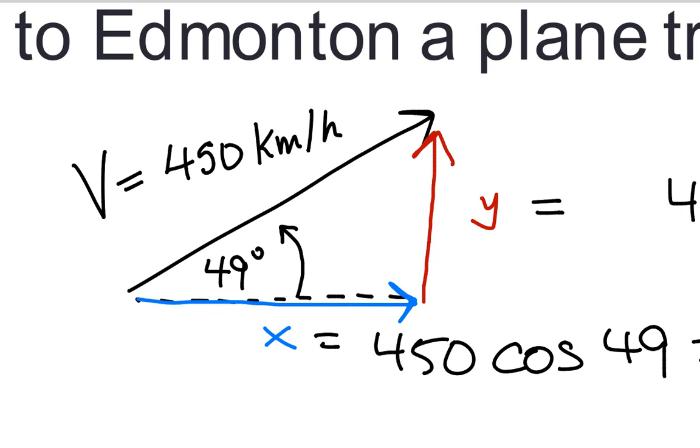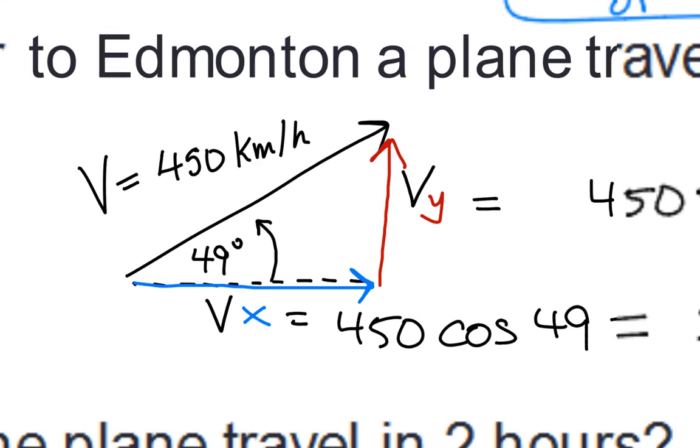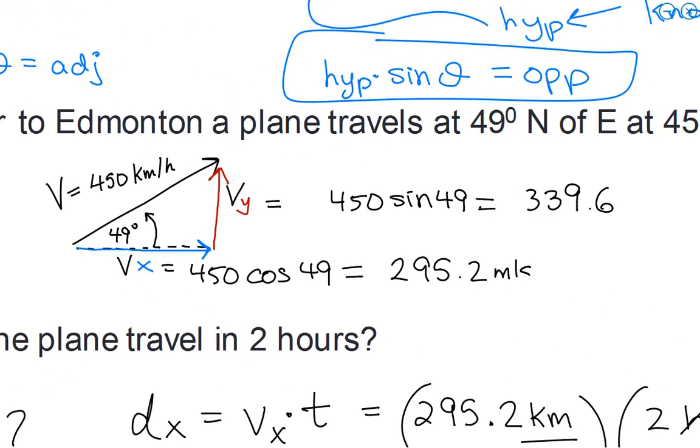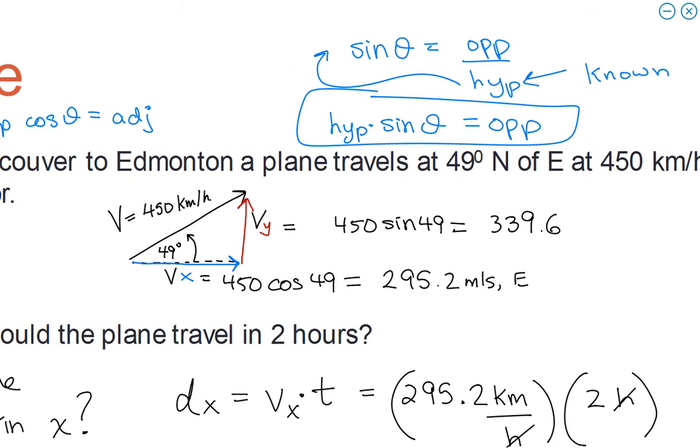You could imagine mathematically that this is Vx and this is Vy. Those components are kilometers per hour east and kilometers per hour north, and not meters per second. Why do they give stuff in km per hour? I hope that's clear.